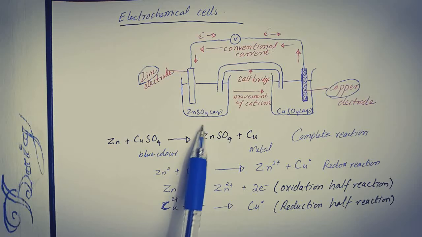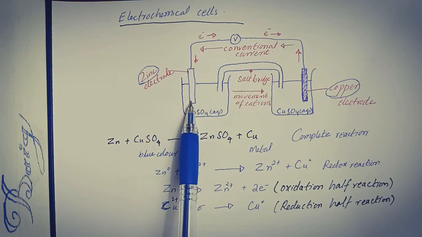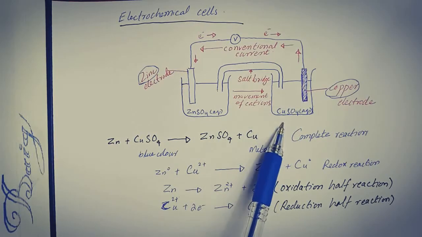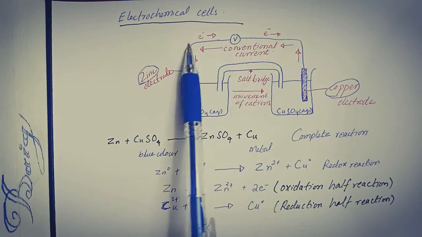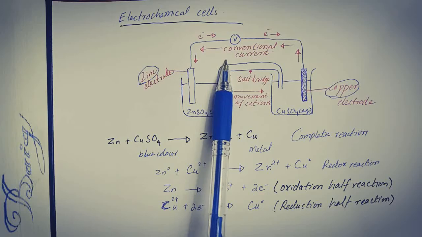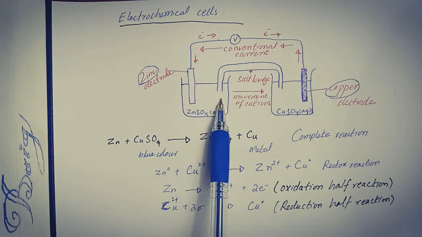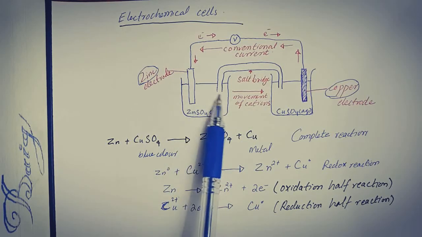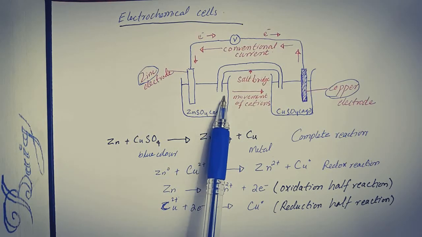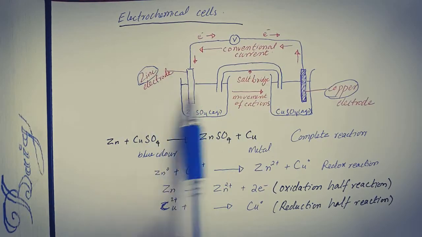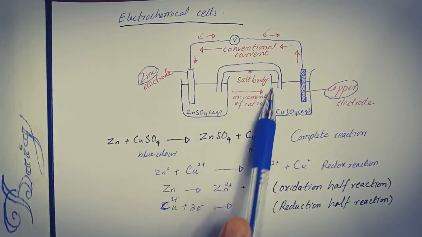So arrange two solutions by adding a zinc rod in zinc sulfate solution and a copper rod in copper sulfate solution, and join the two rods with an external circuit having a voltmeter, and then connect these two solutions with a salt bridge. This salt bridge contains a salt which allows only the movement of the ionic species across this bridge.